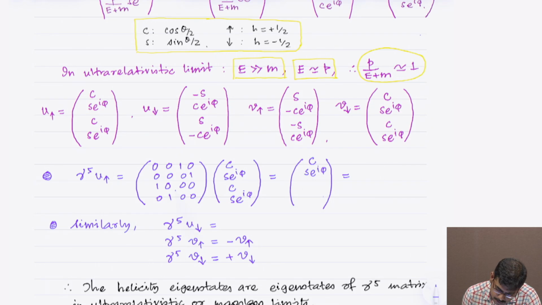The next one is actually C, and the next one is S e to the power i phi. What exactly is this giving? This is giving you back essentially the u up, correct? So this is plus u up.